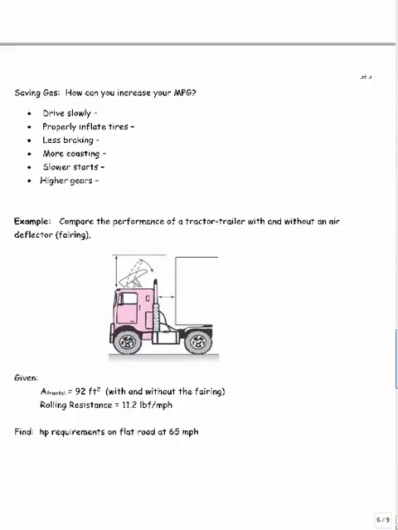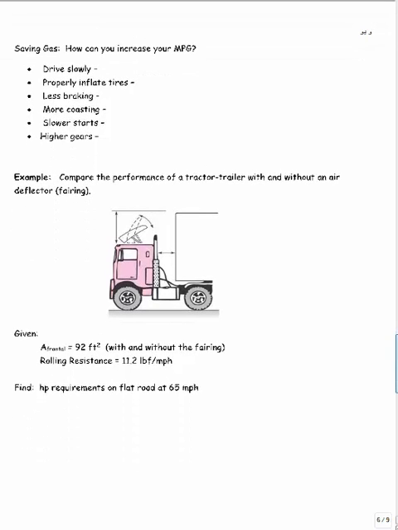So saving gas, like I said, drive like a grandma, and that goes for a lot of things. Drive slowly, you decrease drag. Properly inflate your tires, that decreases rolling resistance. Less braking means less energy loss to heat, because that's normally just friction.